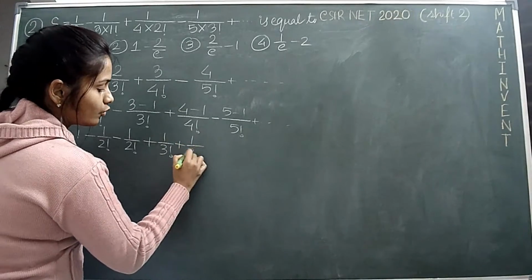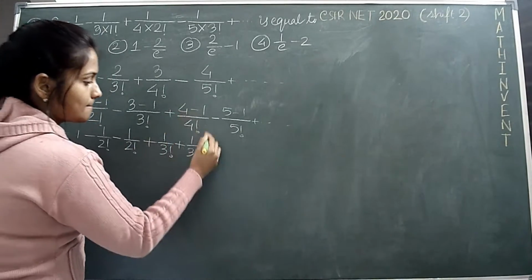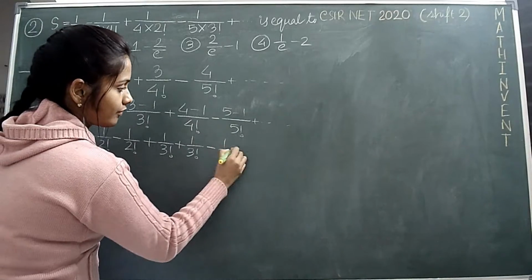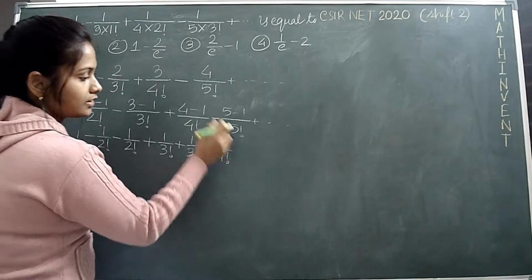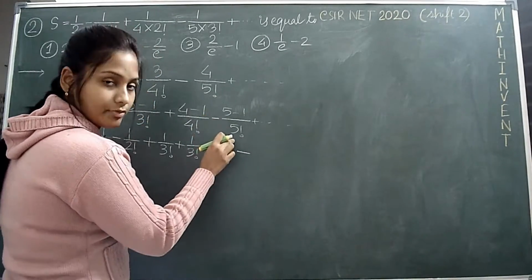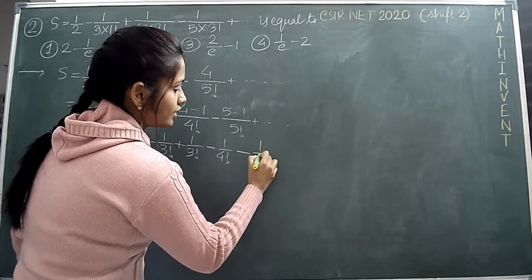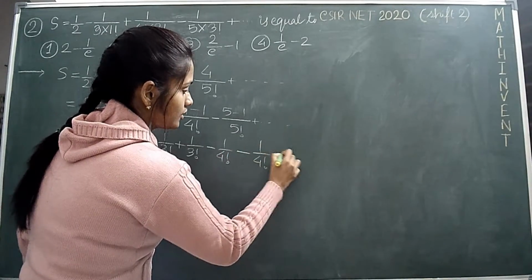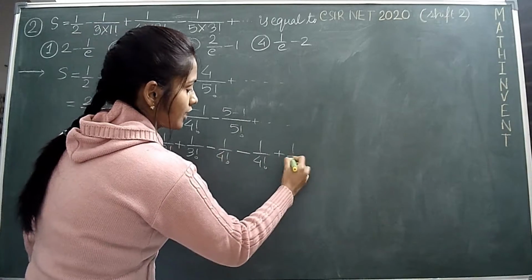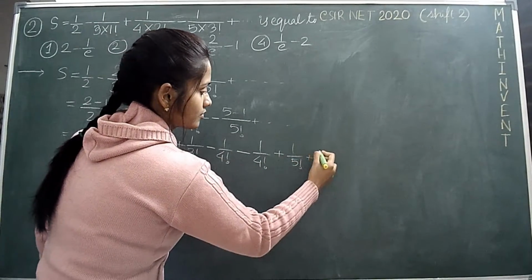So it will be 1 by 3 factorial minus 1 by 4 factorial. Here minus 5 by 5 factorial. So it is 1 by 4 factorial plus 1 by 5 factorial and so on.